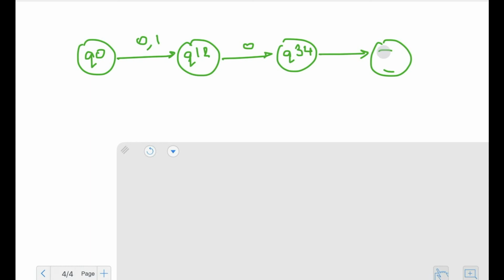Sorry about that. So I have Q5 here, which is my final state, and from Q1,2 on a 1 I go back here, and from Q3,4 on 0 I stay at Q3,4. So this is my final minimized DFA.